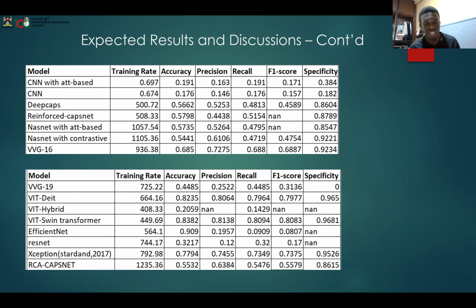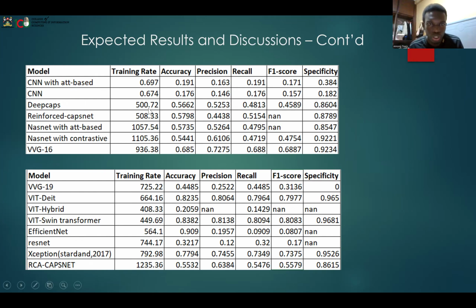Then recall measures the proportion of the correctly predicted positive instances out of all the actual positive instances. Then the F1 score is just a ratio of precision and recall. So basically, we wanted a model with high recall and high precision. Precision is how confident our model is in predicting these.